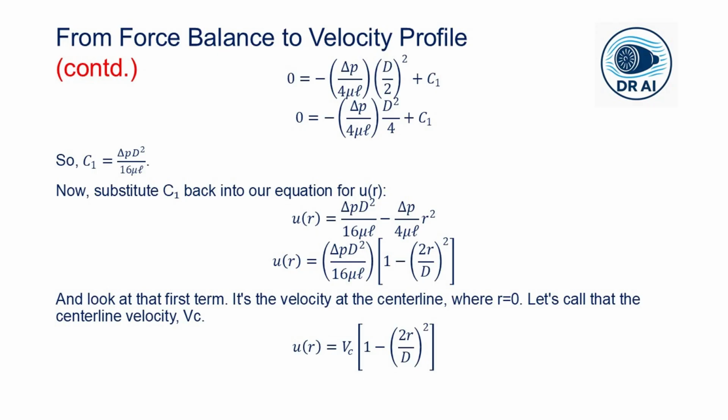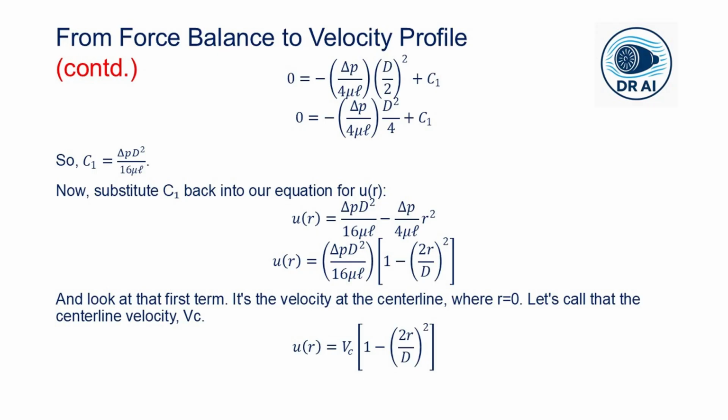We can factor out the common terms to get the classic parabolic velocity profile as listed over here: u as a function of r is equal to delta p d squared over 16 mu L, times the bracket 1 minus (2r over d) whole squared. Look at that first term.